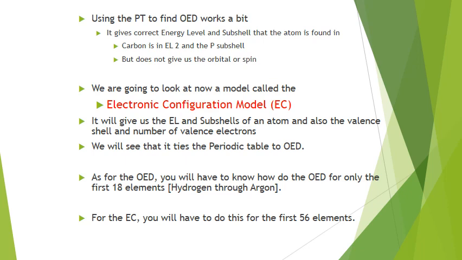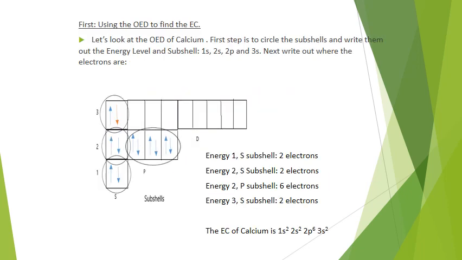And so let's get into doing this model. First of all, we're going to use the orbital energy diagram to come up with the electronic configuration. And then from there, we will transfer to figure out the electronic configuration from the periodic table.